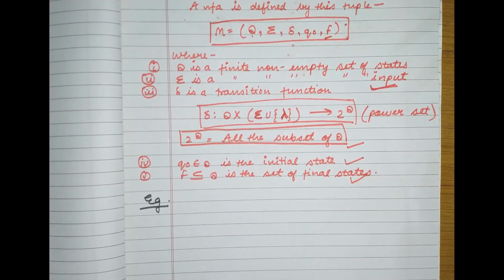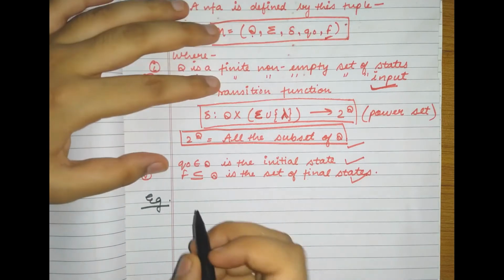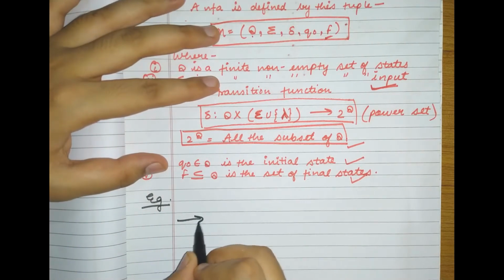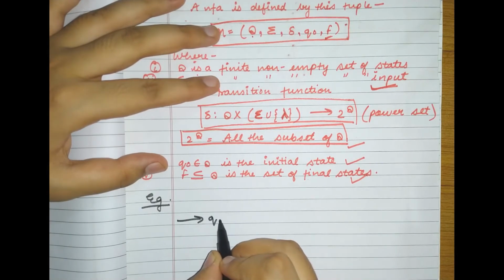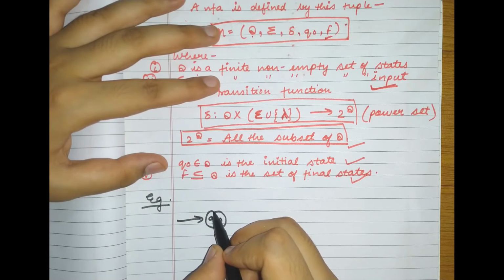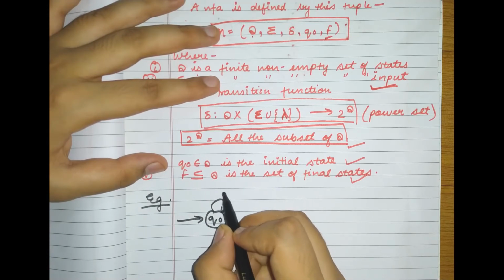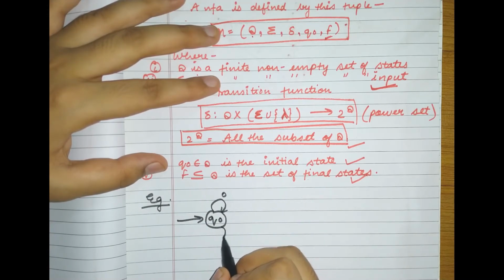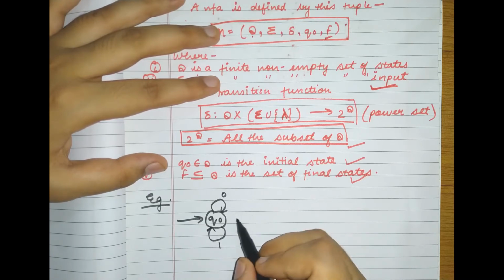So let me start with an example. As usual, q naught is our initial state, and after receiving 0 we stay in the same state, and after receiving 1 again we stay in the same state.